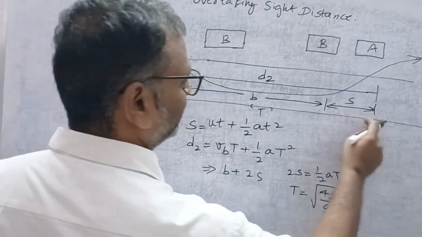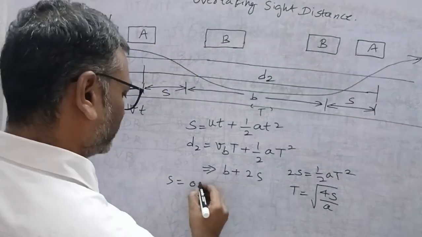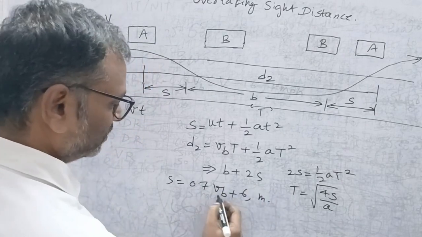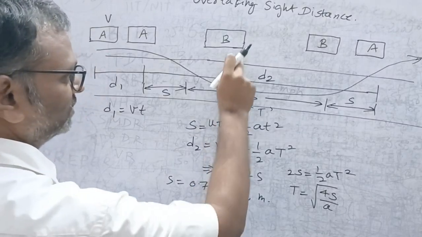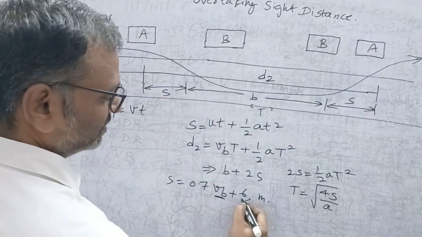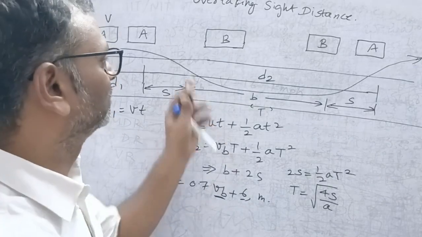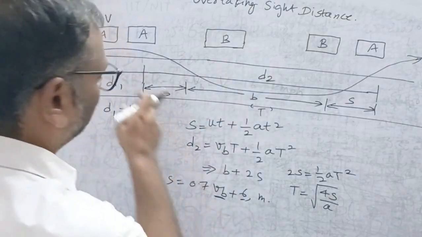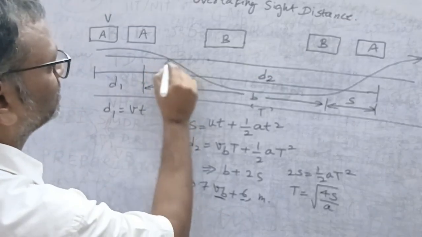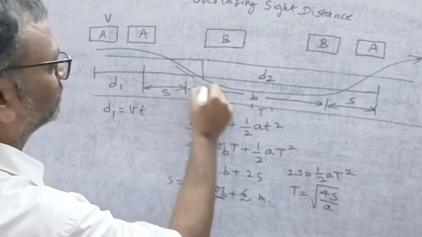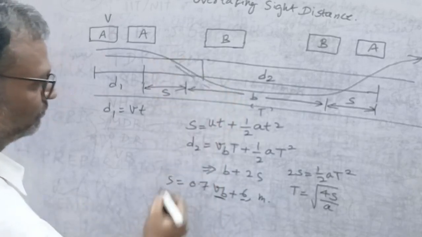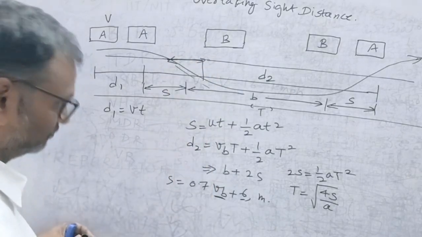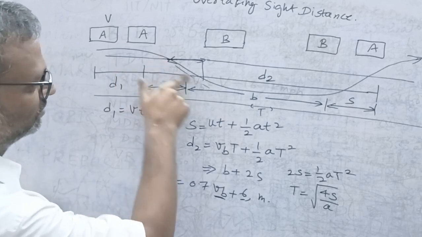And s can be written as 0.7 Vb plus 6 meters, where Vb is the velocity of this vehicle in meters per second, and 6 can be interpreted as the length of the vehicle. And this 0.7 Vb is this distance.